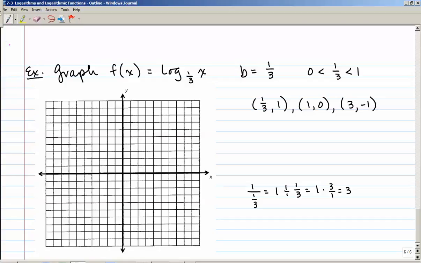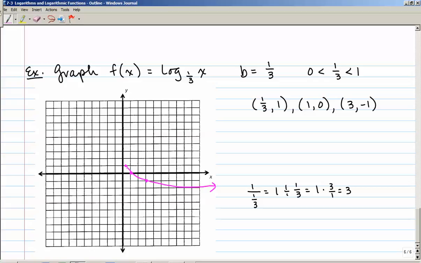So let's go ahead and graph those. So 1/3, 1 is going to be something like that. Don't worry about it not being very exact. The point 1, 0, and then the point 3, negative 1.